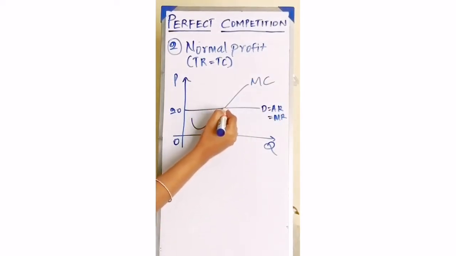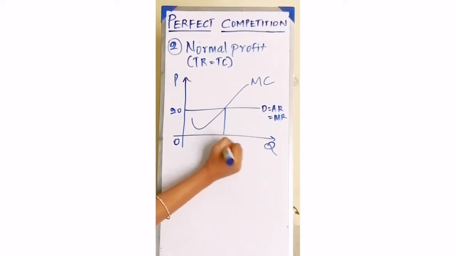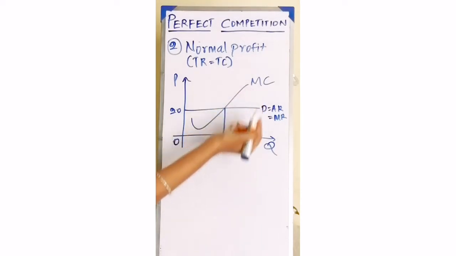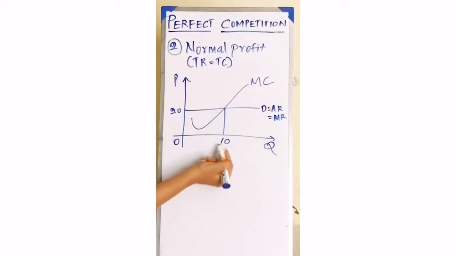The point where MC is equal to MR is where the seller has to do his production. So once again, at 10 units, the seller is going to maintain his production level.